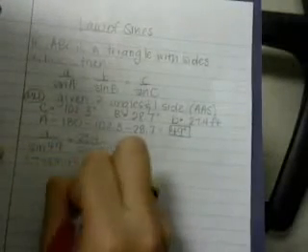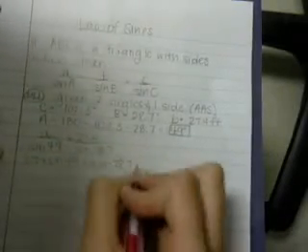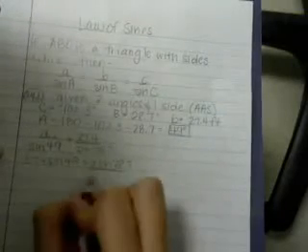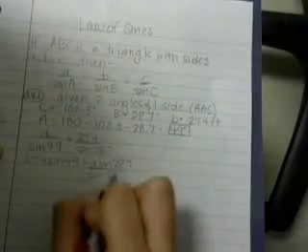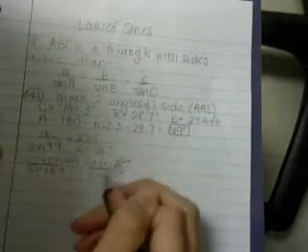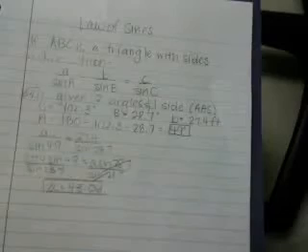So we have 27.4 sine 49 equals a sine 28.7. To get a by itself, we're going to divide both sides by sine of 28.7. And when we plug that into our calculator, again, we're always in degrees and put the top in parentheses, we'll get that a is equal to 43.06. And now we have one angle and one side.